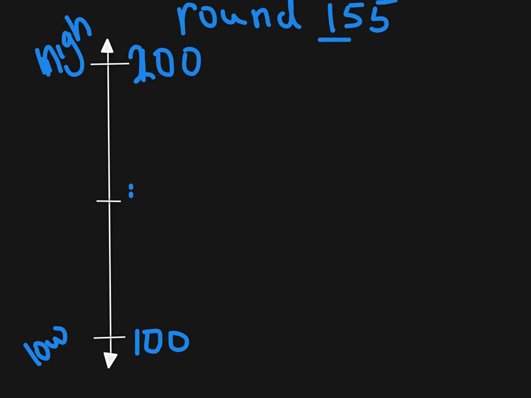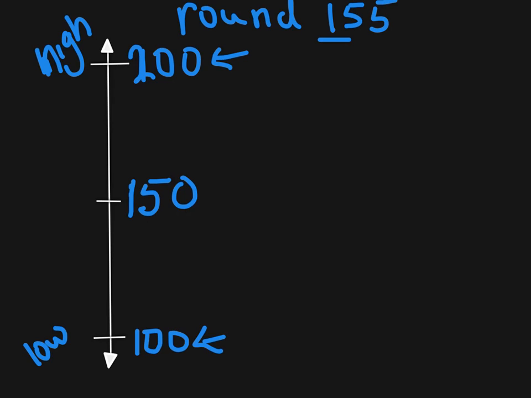So I'm working with the hundreds place, and one place over I'm going to put a 5 because 5 is halfway between 0 and 10. And then I have to put in my 0. So I know that 150 is halfway between 100 and 200.